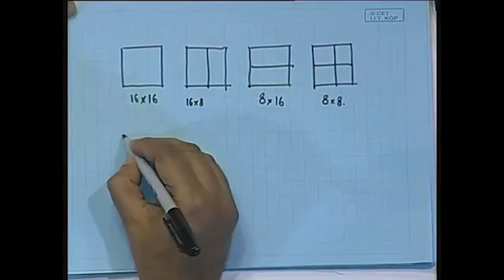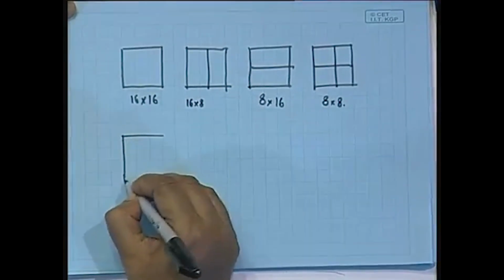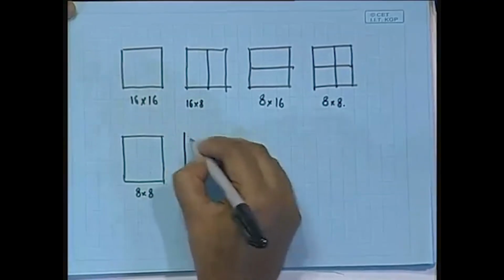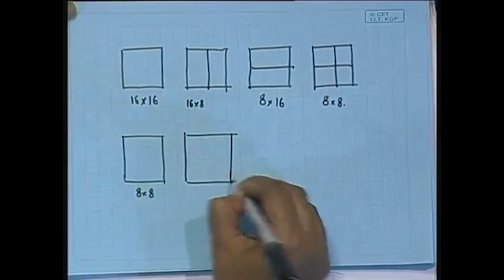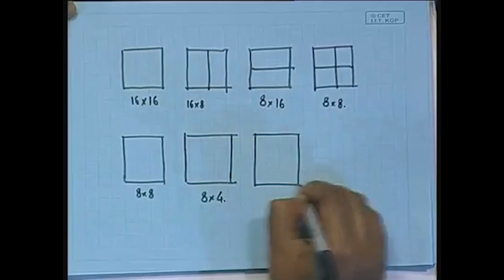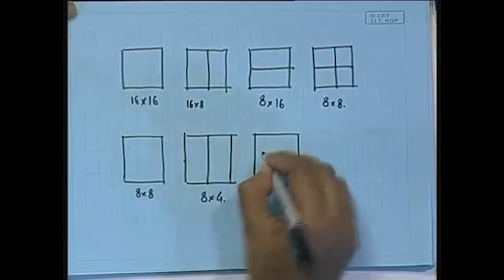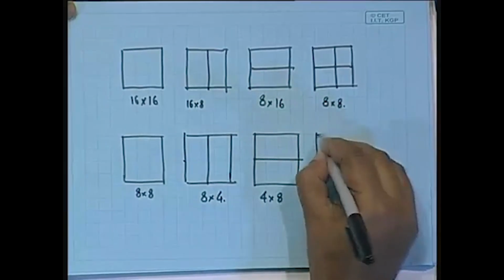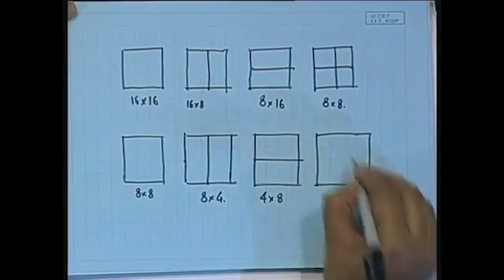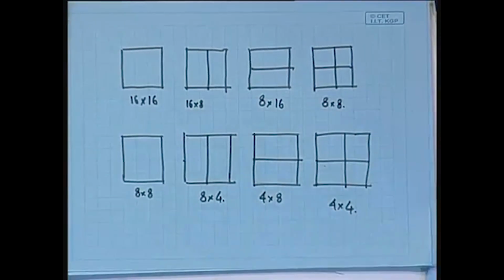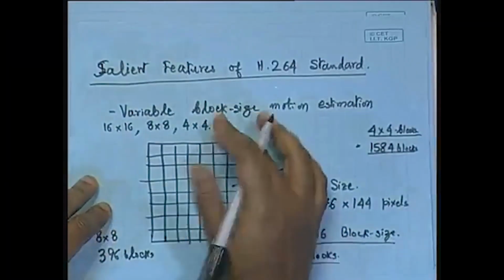And similarly, every 8 by 8 block can be partitioned into 2 8 by 4 blocks, or 2 4 by 8 blocks, or 4 4 by 4 blocks. So, this is the variable block size motion estimation.